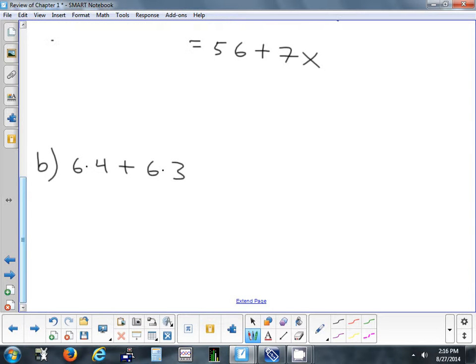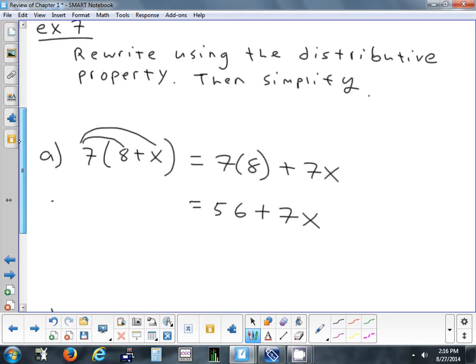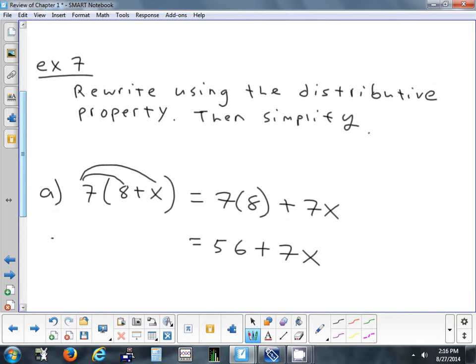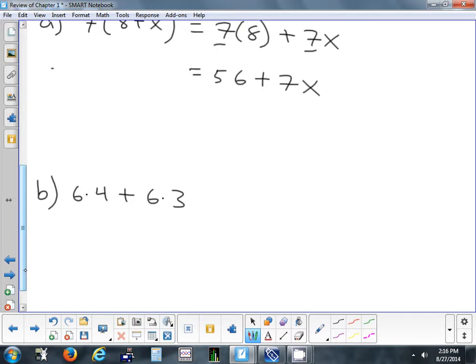Now I look at this one. This one's a little different. What we're doing in this one is taking something we have here and changing it back. So you want to look at what they have in common. These both have a 7 in common. Notice that's the number that ended up by itself on the outside. What do these both have in common? 6. That's the number that's going to end up by itself on the outside.